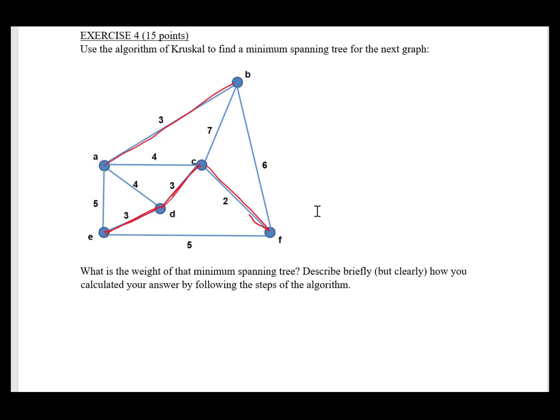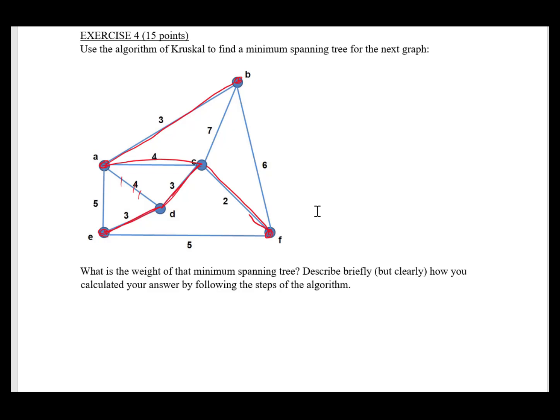Okay, then we don't have any 3s left, so let's continue with a 4, still possible. This other 4 is not possible anymore, because you see it'll give a cycle with A, C, D. Okay, and then let's see if we still need vertices. No, look, we've covered all of them, so we already found a minimum spanning tree.